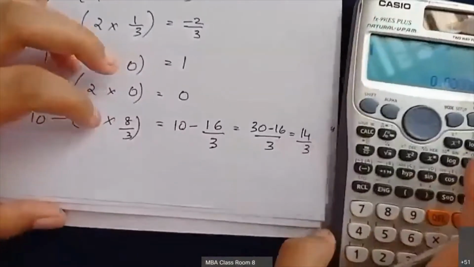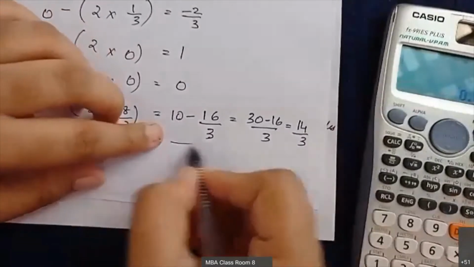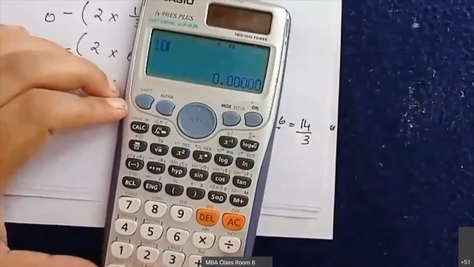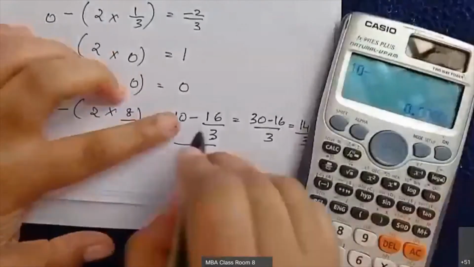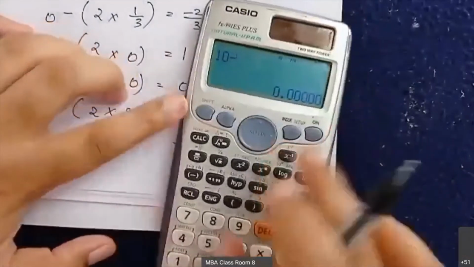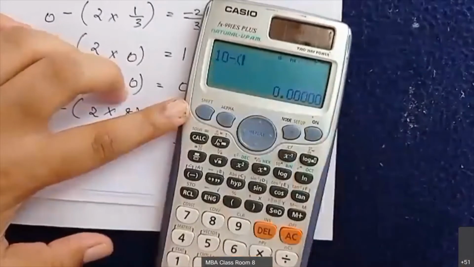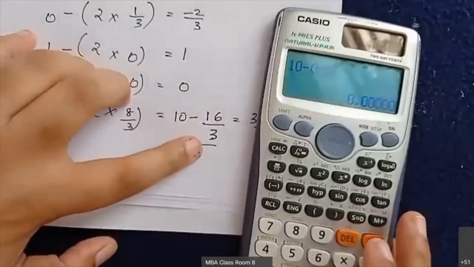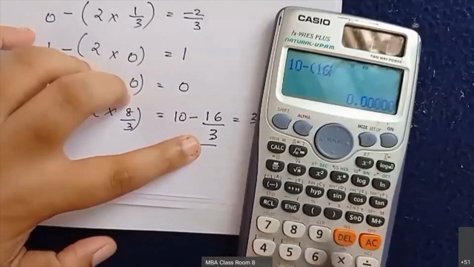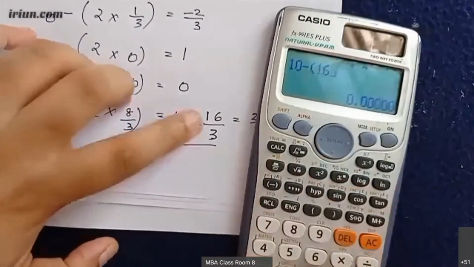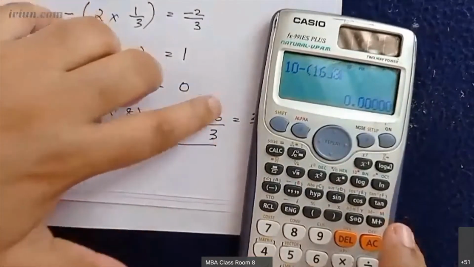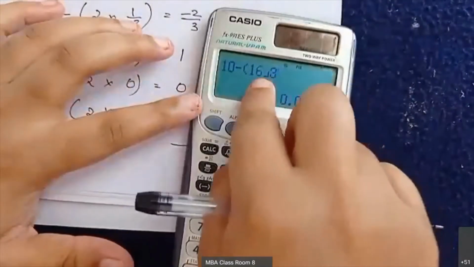Here I have 10 minus 16 by 3. 16 by 3 is one number, so I have to put a bracket, otherwise sometimes we'll go wrong. So 10 minus, I'm opening a bracket. I have 16 divided by 3. I write 16, then press on this block, and then 3 here. I close the bracket. 16 by 3 is one number, so I have written it over here.